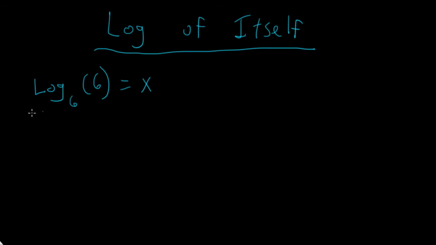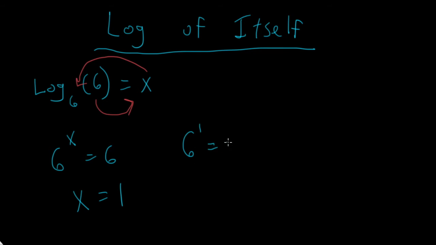It's equal to x. So what happens in this instance? We have 6 to the x is equal to 6. Now, how do we get a number to equal itself when raised to a power? Well, x would just equal 1, because 6 to the 1 power is equal to 6.